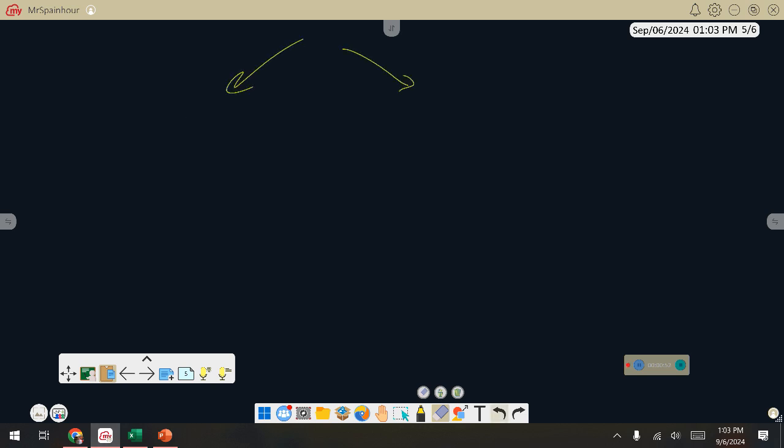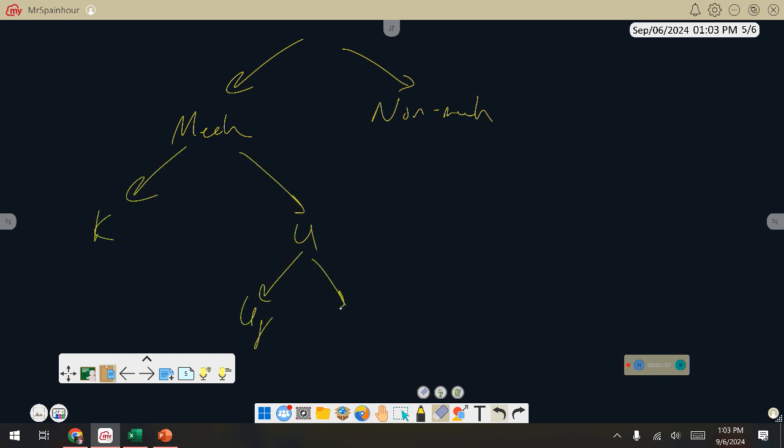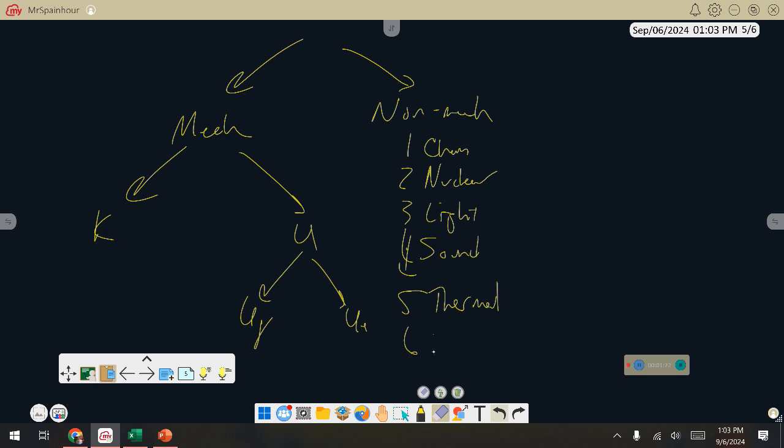If you remember, I split between mechanical and non-mechanical, and out of mechanical it went kinetic and potential, and out of potential it went potential of gravity and potential elastic, and over here in non-mechanical we had chemical, nuclear, we had light and sound, and then we had thermal and electrical.